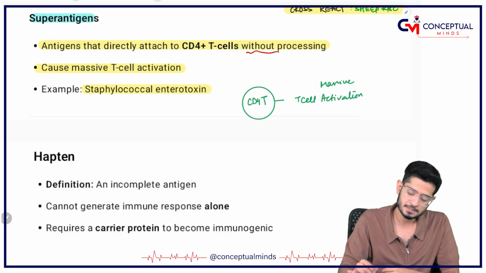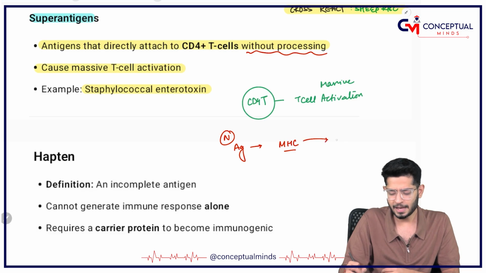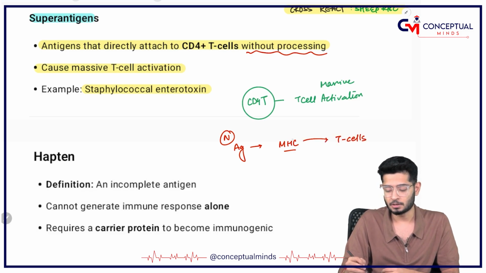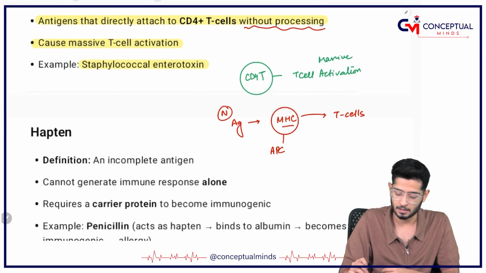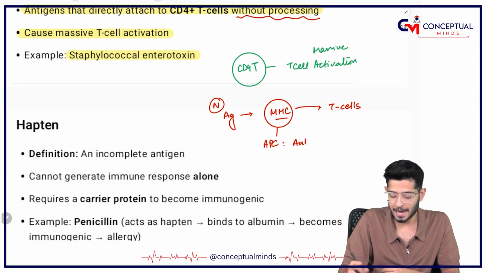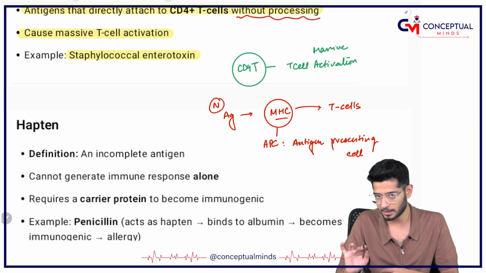Without processing means, understand, normally whenever an antigen comes, it is taken care of by the MHC, major histocompatibility complex, and then further by the APCs. So what is APC? APC is called antigen presenting cell. Normally this is how it happens. Let me be very clear.